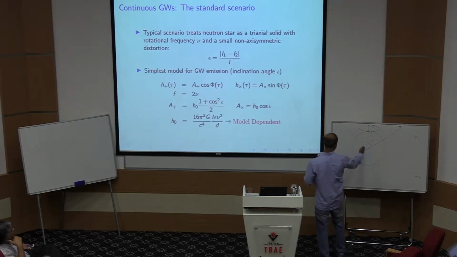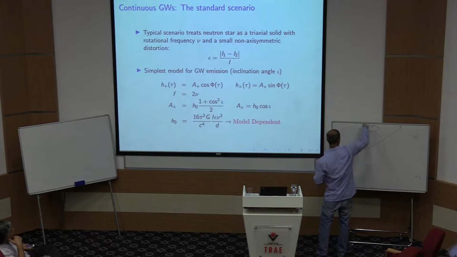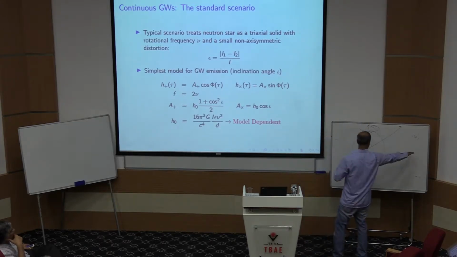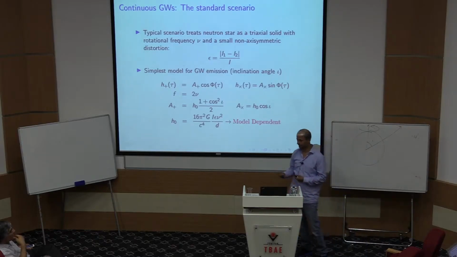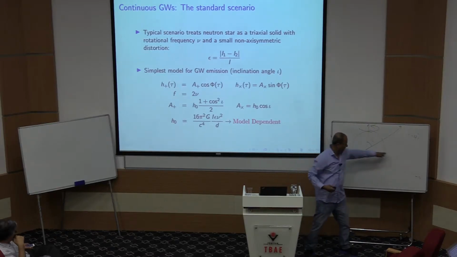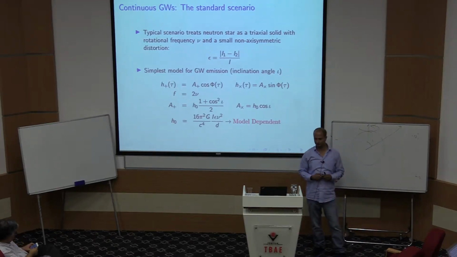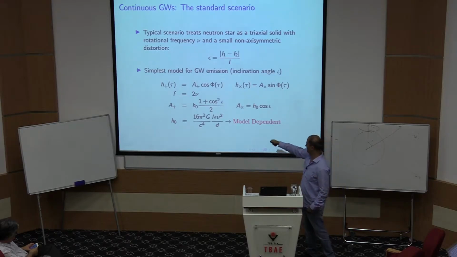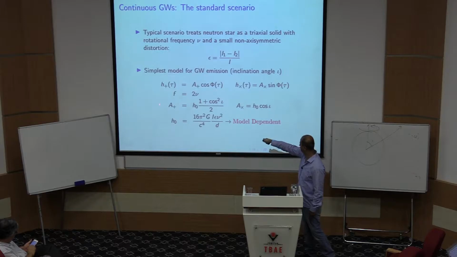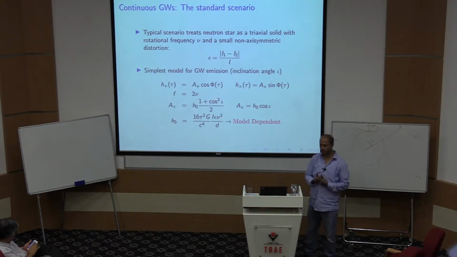This angle iota tells you the polarization of the wave. If you are exactly along the axis, then you get the largest amplitude. If you are in this direction, you get the smallest amplitude. Along the axis, what you see is a circularly polarized wave. In the plane, you see a linearly polarized wave. That's the ratio of A plus and A cross. When cos iota is 1, this is the same as that, so it's circularly polarized.